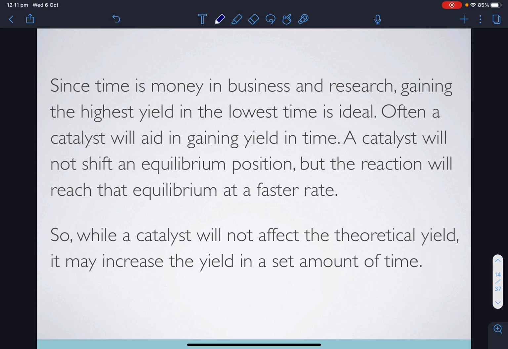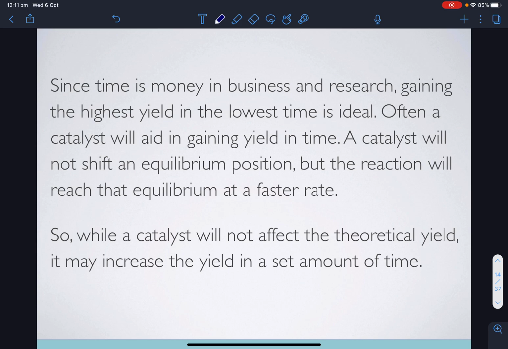All they do is help you get to the equilibrium quicker. So remember, a catalyst is not going to increase our yield for the reaction, but if you don't wait for the reaction to reach equilibrium, it's going to increase the yield in a certain amount of time. I don't know if I'm explaining that right.